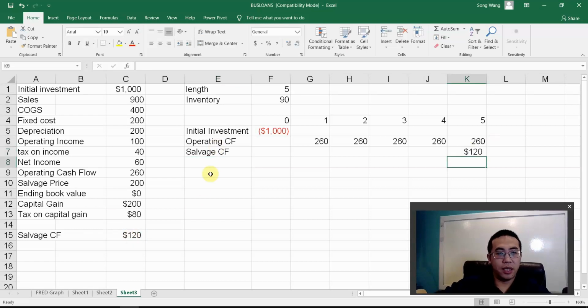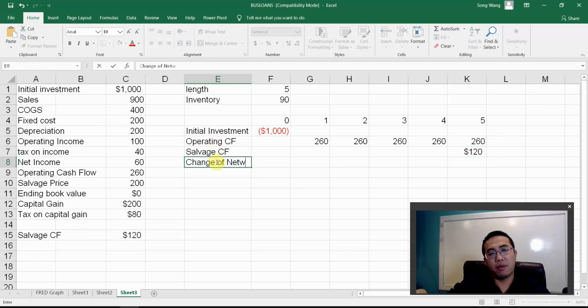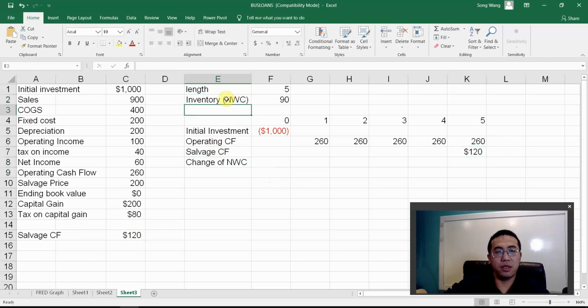So back to my old question, how do I do the change of net working capital? Well, this involves some skills, like you need to know how much your inventory has changed. Let me use the inventory to represent net working capital for simplicity.